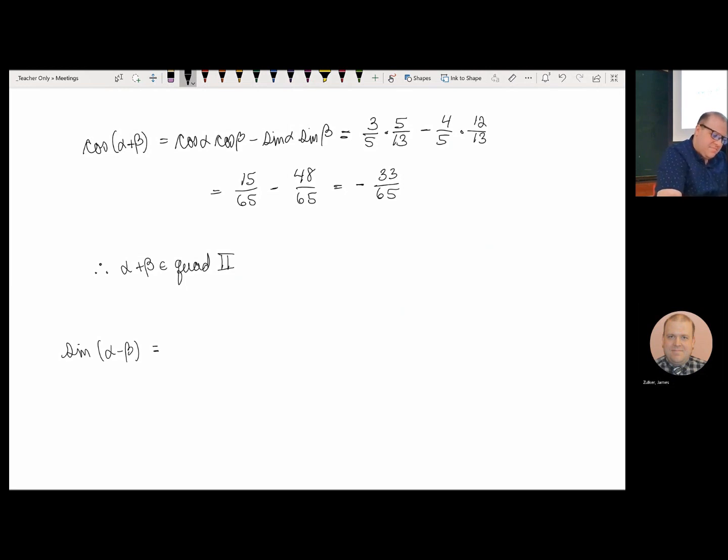Sine alpha cosine beta minus cosine alpha sine beta.